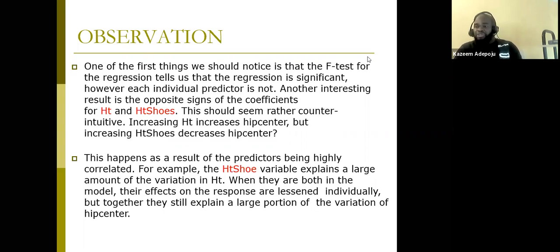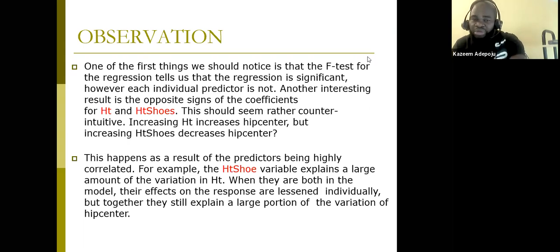However, each individual predictor is not. That's what I just showed you. And another interesting result is the opposite signs of the coefficients for HT and HTShoes. This should seem rather counterintuitive. Increasing HT increases hip center, but increasing HTShoes decreases hip center.